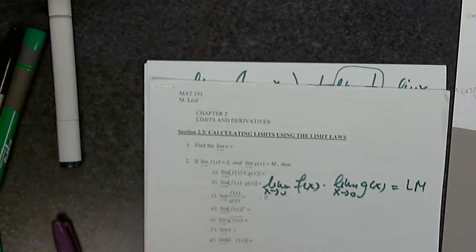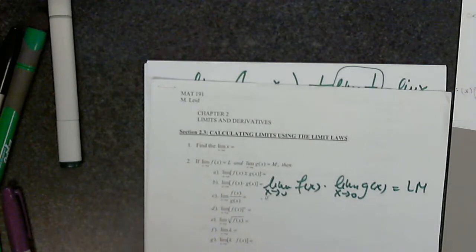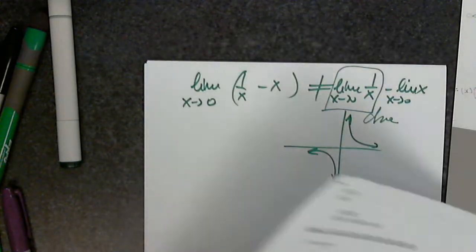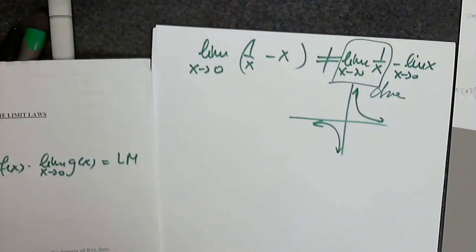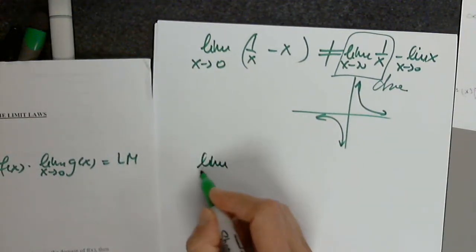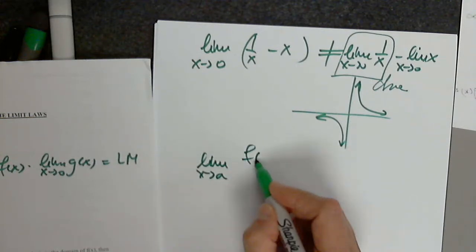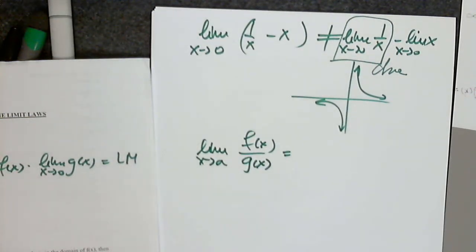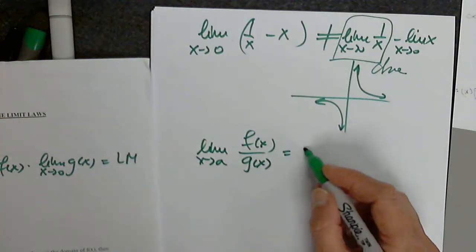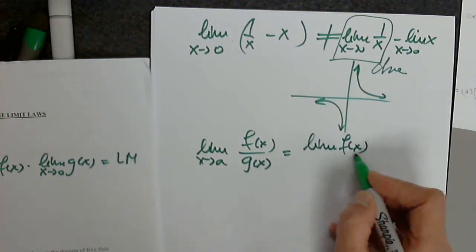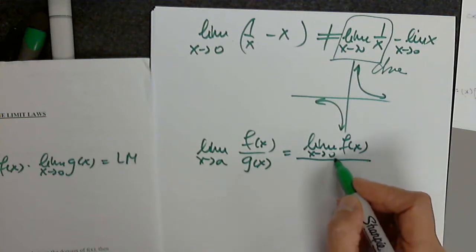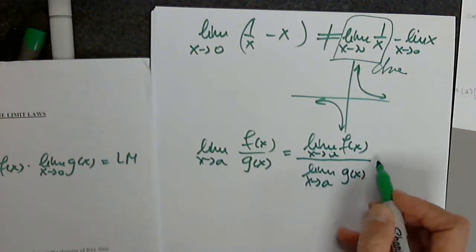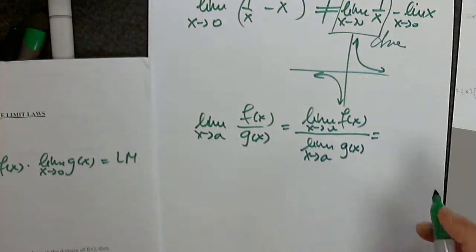Okay, what do you think about the part C? The limit as x approaches a from either side of f of x divided by g of x. What will you say? It's the limit of f of x over the limit of g of x, but g of x can't be 0.